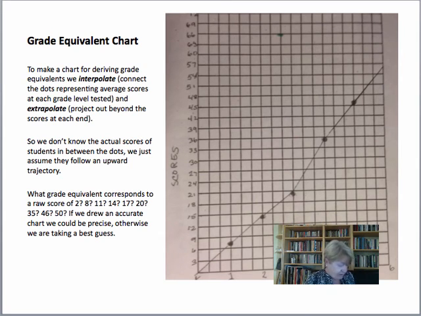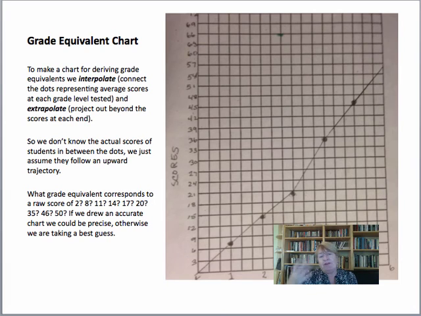That's the range that did occur if you look at our set of scores. And across the bottom, the horizontal axis, I've listed grades, starting with kindergarten and then first grade, second grade, third grade, fourth grade, fifth grade, and sixth grade. And what I did on this chart was to plot a dot where each average score was for each of the grades that I tested.